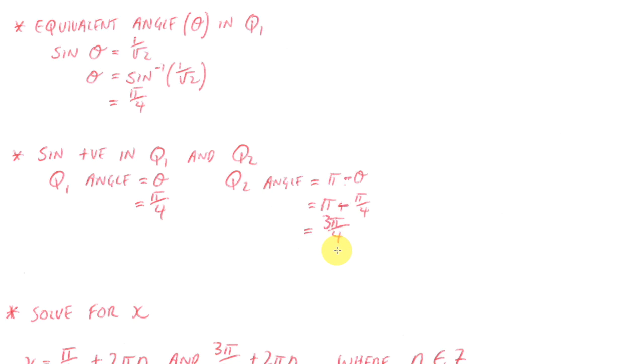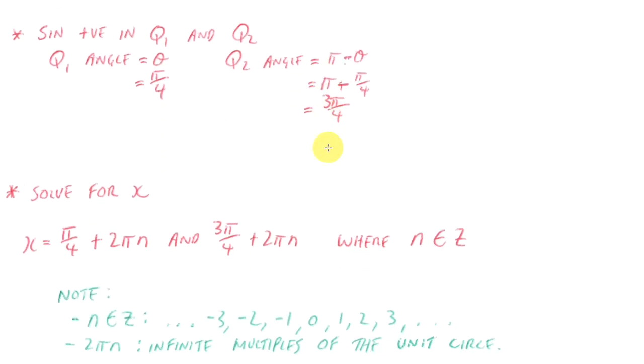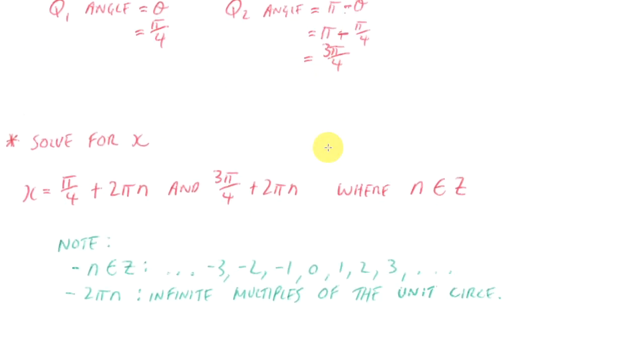Now recall, what we're actually after is the general solution. So you'll see here that there is no domain restriction, and therefore it's obvious to us that there are an infinite number of solutions, because we just keep on going around the unit circle multiple times forward and also backwards. How do we show that? Well, we're going to have pi on 4 plus multiples of 2 pi that satisfy the equation.